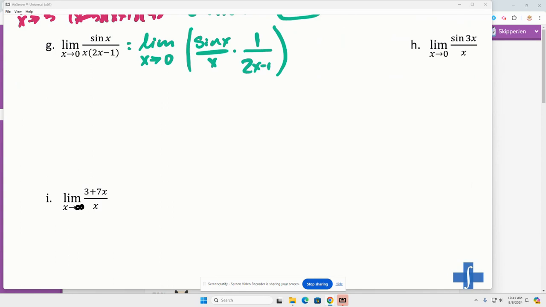All right, so now this is the limit of a product. We can rewrite it as the product of limits.